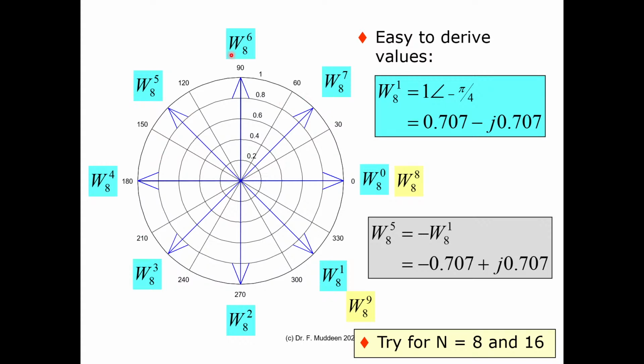So we draw our phasor diagram representation and then calculate each one of these twiddle factors here in particular. Hopefully you guys tried doing the twiddle factors for 8 and 16 in Monday's lecture, so that you can actually observe the patterns that emerge when you start scaling up the twiddle factors or when you start scaling them down.